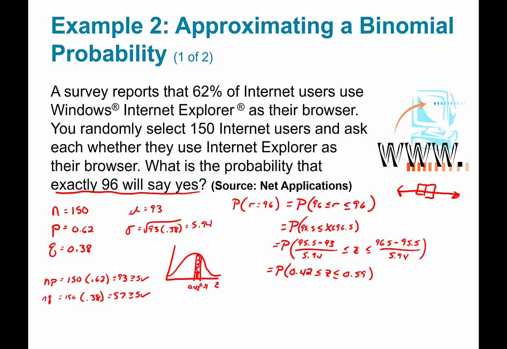We look up 0.59 on our table, and we should get 0.8212, minus looking up 0.42 on the table and getting 0.7611. When we do the subtraction, we get the probability that z is between those two values, which is the same thing as the probability that R is equal to 96, approximately 0.0596.